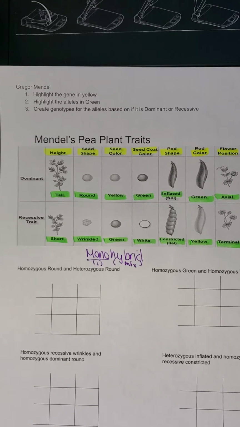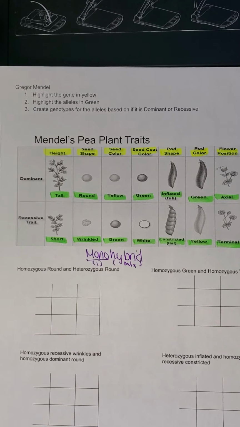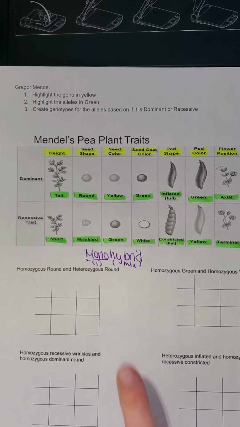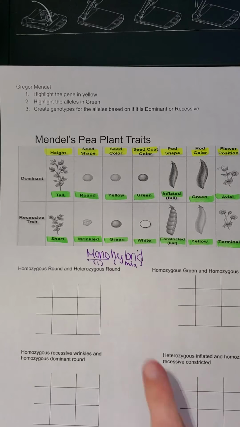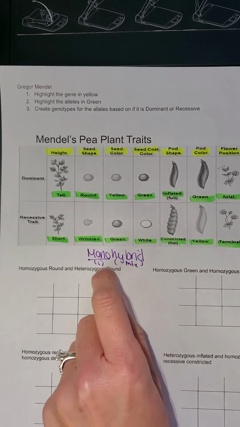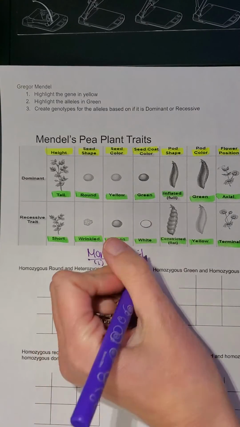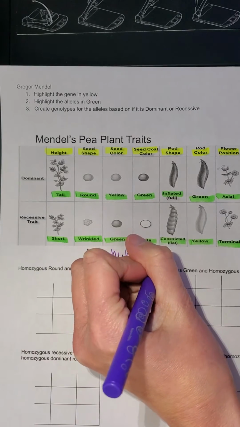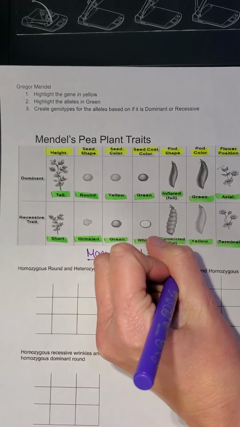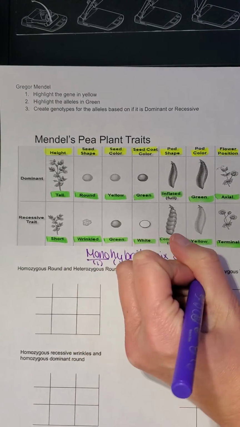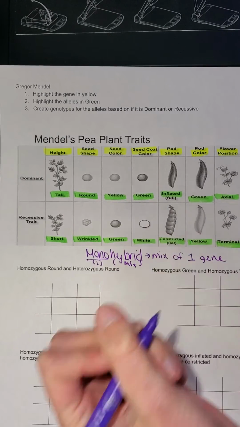A hybrid car has both gas and electricity. So a monohybrid is the mix of one gene.